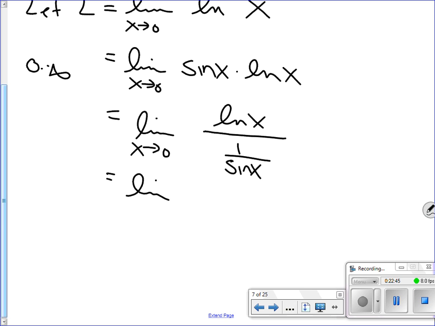But right now we're going to have infinity over infinity. You wanted me to keep it 1 over sine, not make it cosecant? Okay. As x approaches 0. So now we've got what type? Infinity over infinity. So now we're going to apply L'Hopital.